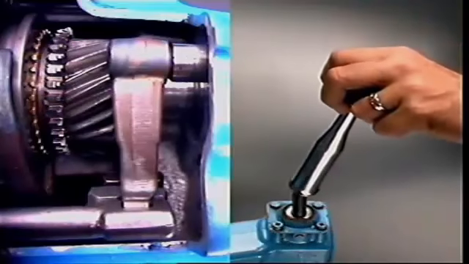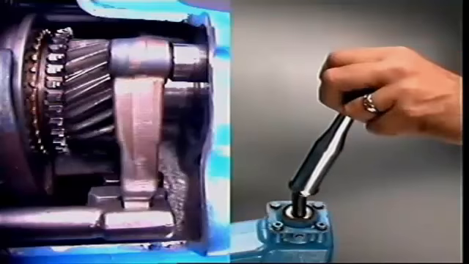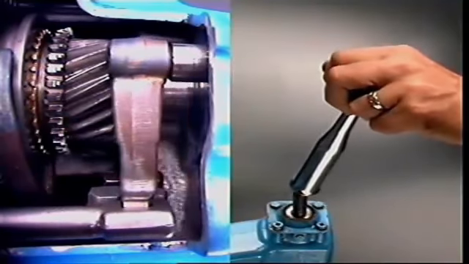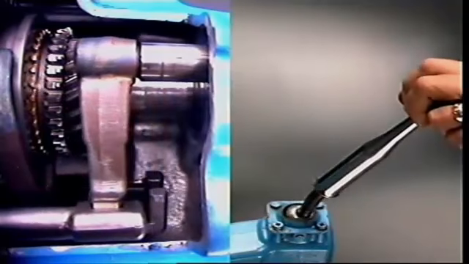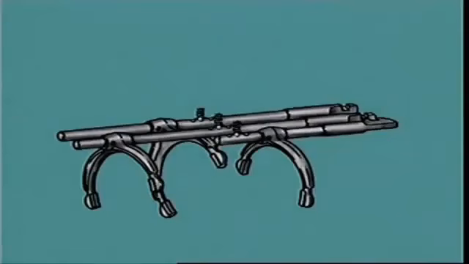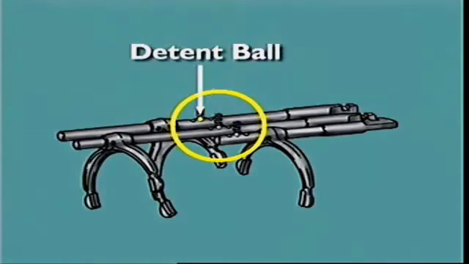Lateral movement of the gear lever positions the control rod in line with the appropriate selector rail. Longitudinal movement is transferred through the control rod and selector rail to the fork and the engagement sleeve. Each rail has a detent mechanism, usually in the form of a spring-loaded steel ball held in the casing.